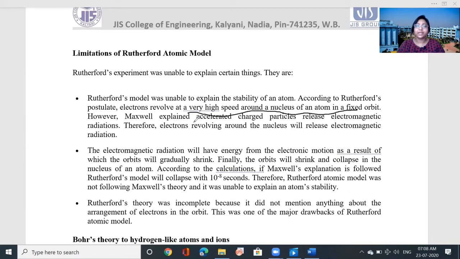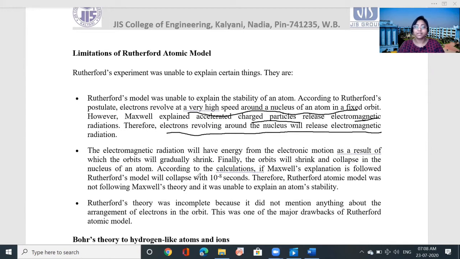However, Maxwell explains that accelerated charged particles release electromagnetic radiation. Therefore, an electron revolving around the nucleus will release electromagnetic radiation.